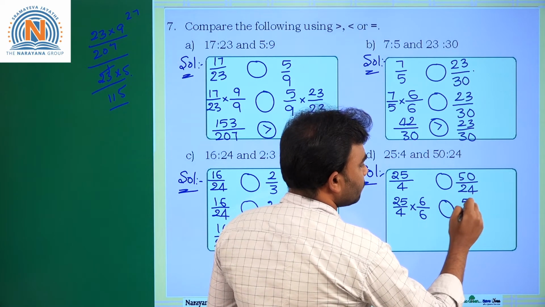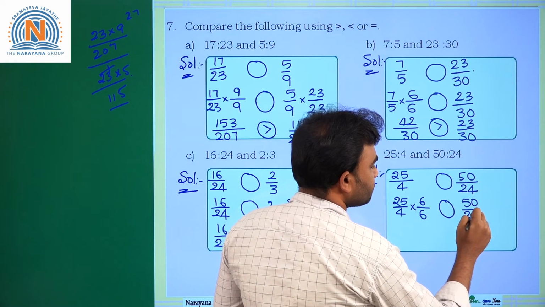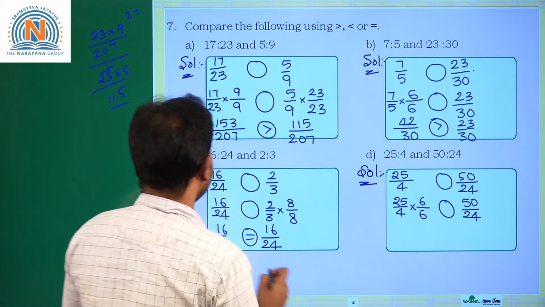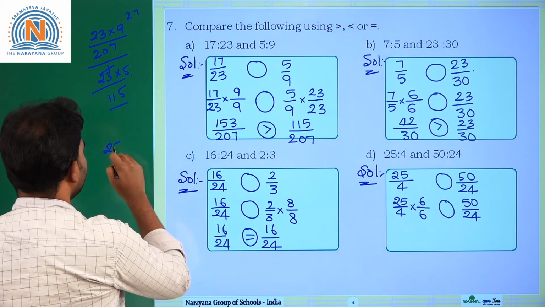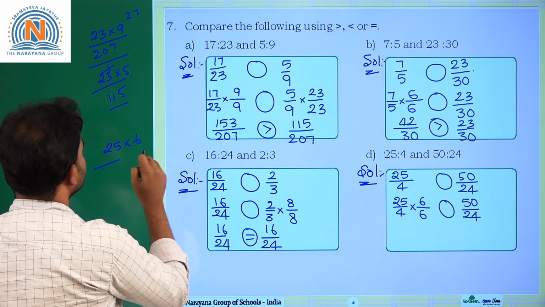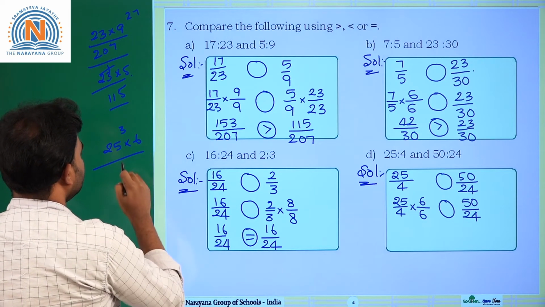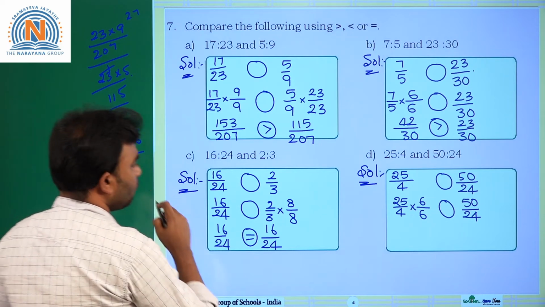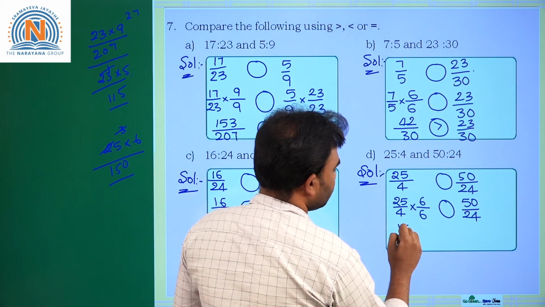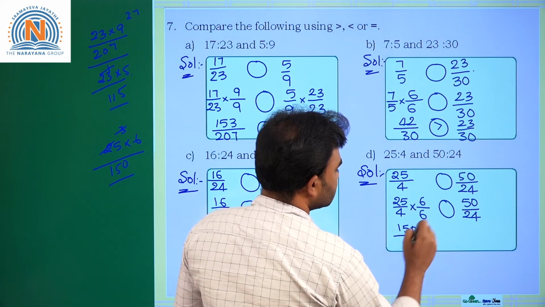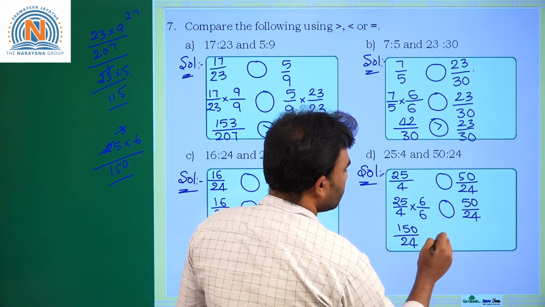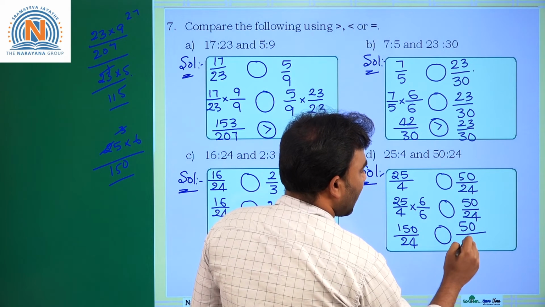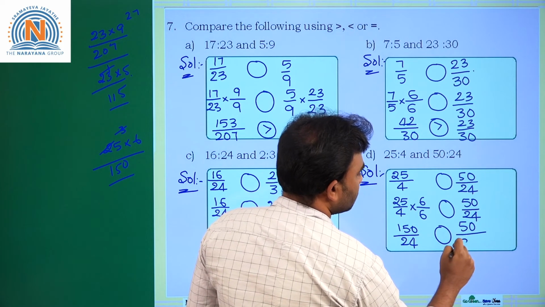Now 50 by 24 stays. 25 into 6: 6 5s are 30, 6 2s are 12 plus 3 is 15, so 150 by 4 6s are 24, and here we already have 24 as the denominator.